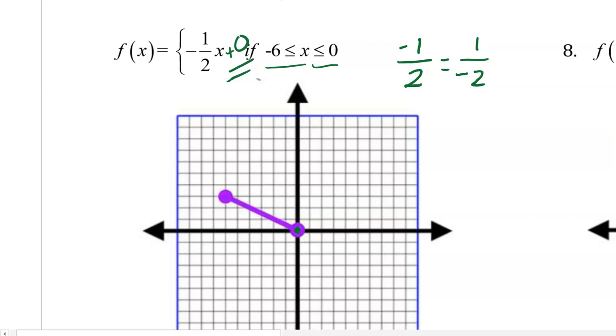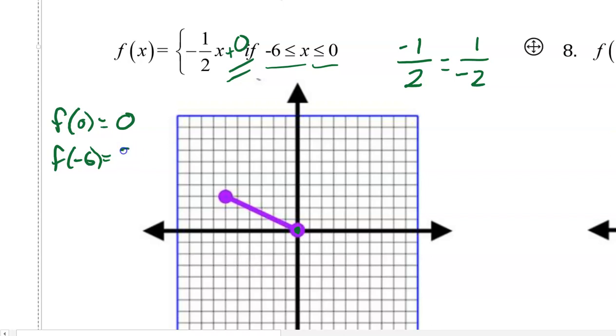And we can evaluate this graph at 0 and negative 6. At 0, 0 times negative 1/2 is 0. At negative 6, negative 6 times negative 1/2 is positive 3. We know it's linear. So this is the other way to plot our graph: we pick the two endpoints and we plot it that way.